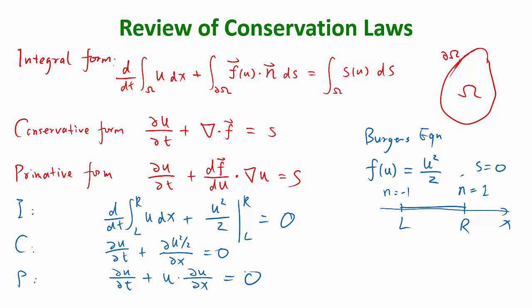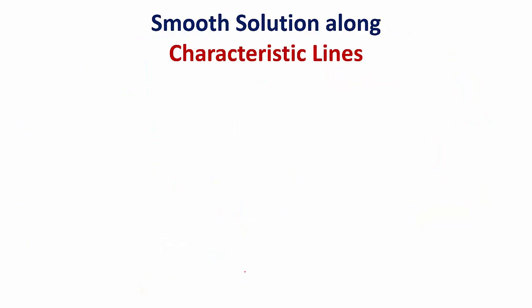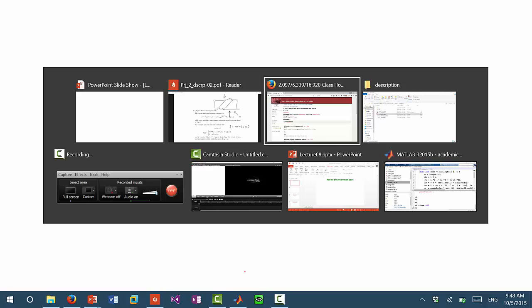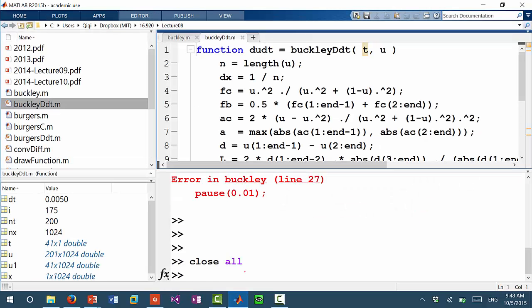That's the example of a conservation law, the Burgers equation, which is one of the simplest nonlinear conservation laws you can find, and that makes it very easy to analyze, and then the results of the analysis can be generalized to more complex equations. All right. So last time we took a look at the behavior of the Burgers equation.